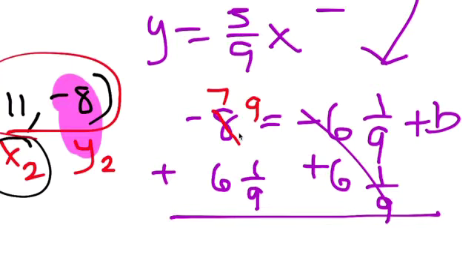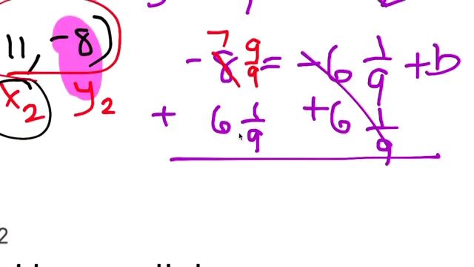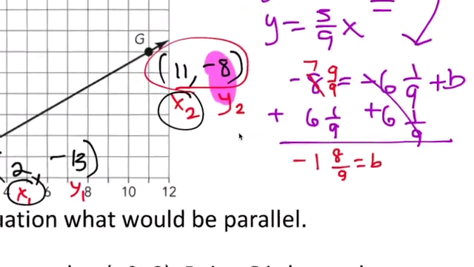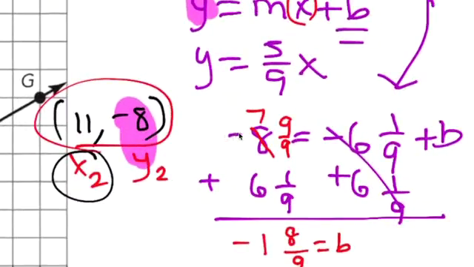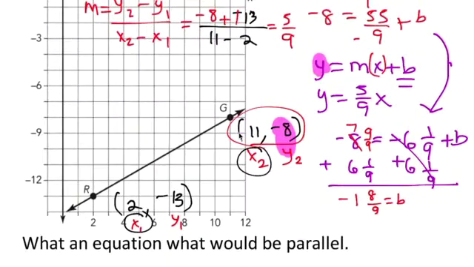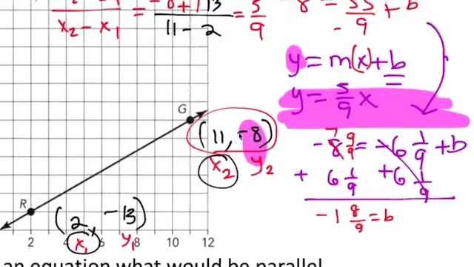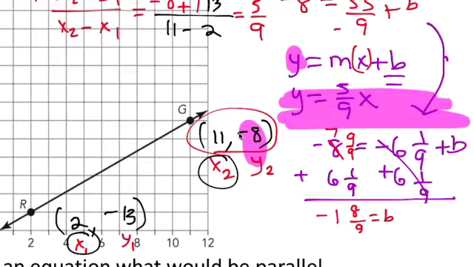That's 9 over 9, that's 8 over 9. And negative 1 and 8/9 is b. So your equation is, put the answer in here. Because it's a negative, it's a minus 1 and 8/9.